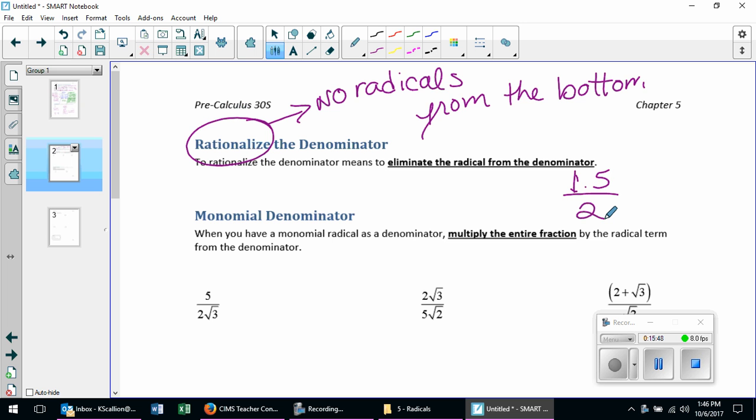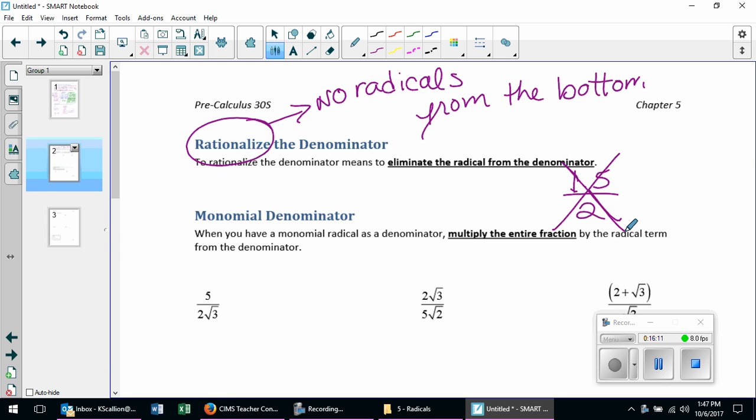Your English teacher would lose their mind if you handed in an essay with no capital letters, right? So in math, we don't like to have the radicals on the bottom. It's proper notation.